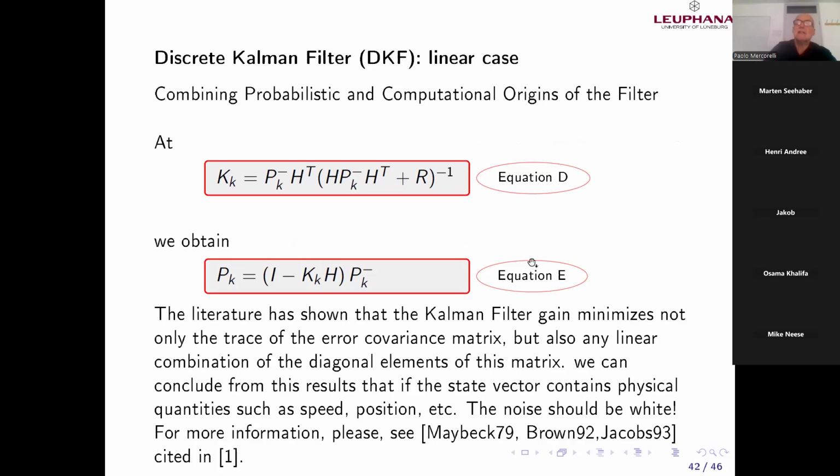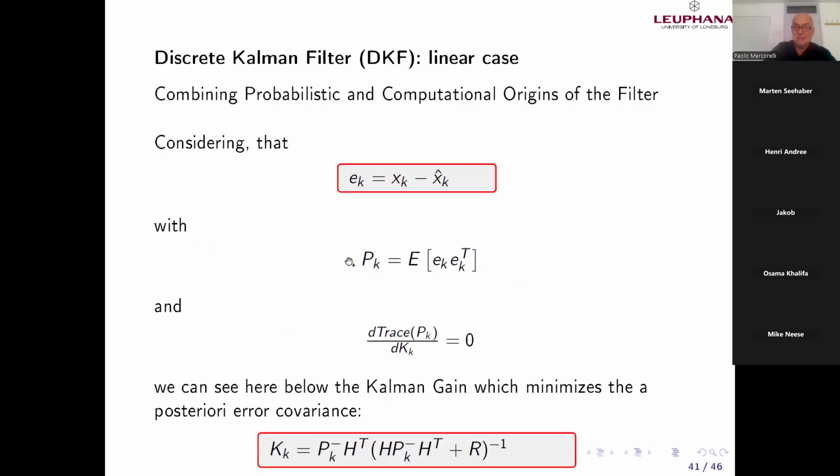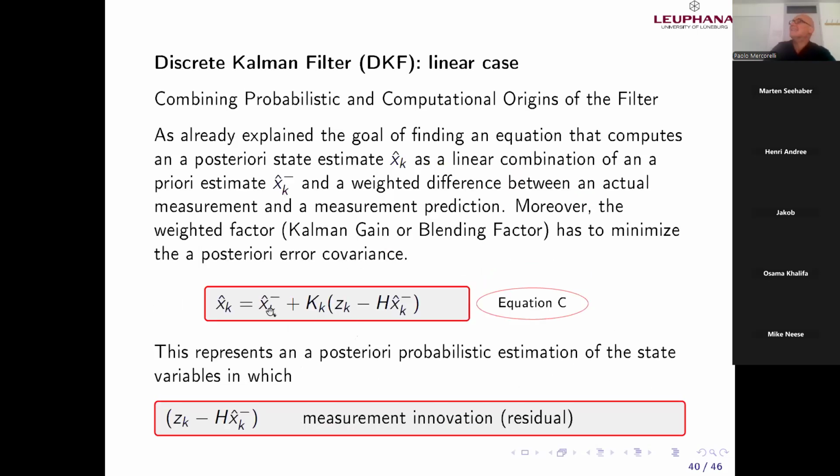The same consideration can be done for R. If R is very large, we don't trust the measurements because we have a variation on the measurements, because the variance or the covariance is large. If this is large, we can see that K reduces. If K reduces, we trust more in the final estimation, the a posteriori estimation, the model.